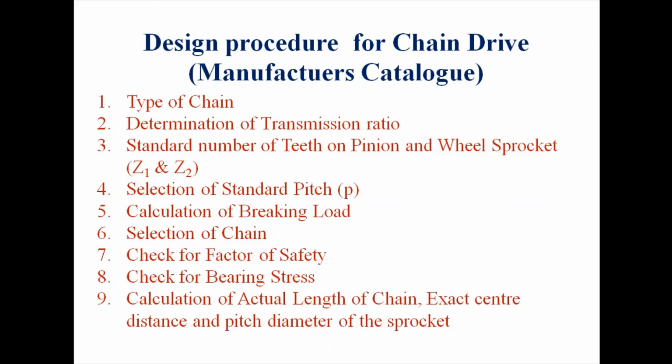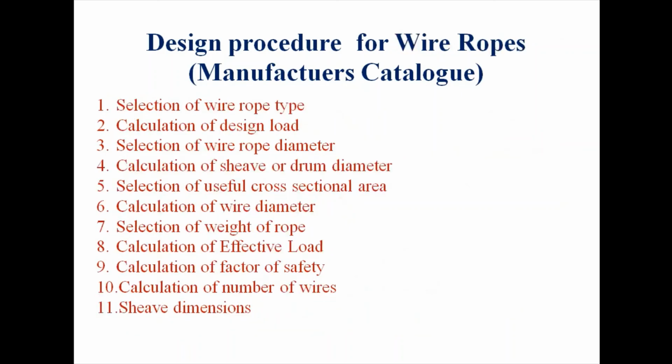In this chain drive design, steps number 7 and 8 are very important, because we are going to check the factor of safety and bearing stresses. The values should be within the permissible limits.